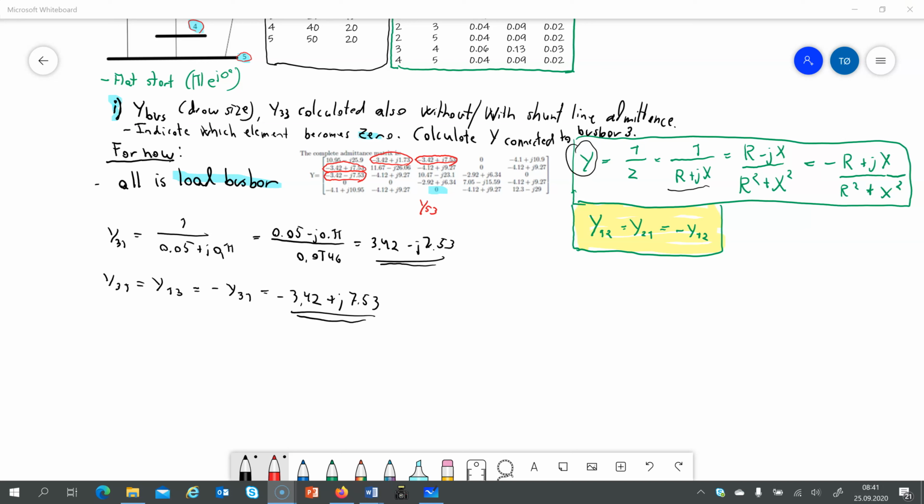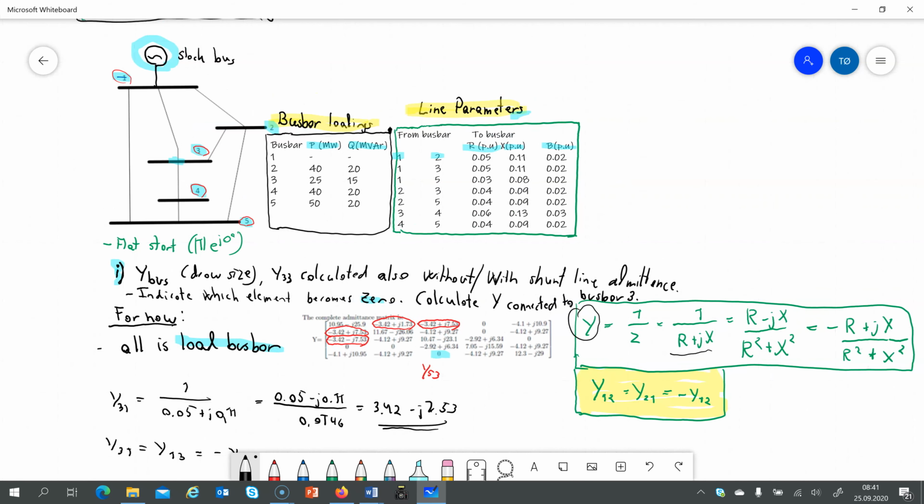So if you take Y11, it is equal to, let's see on the figure, connected to 1,5 here, 1,3 here, and 1,2 here.